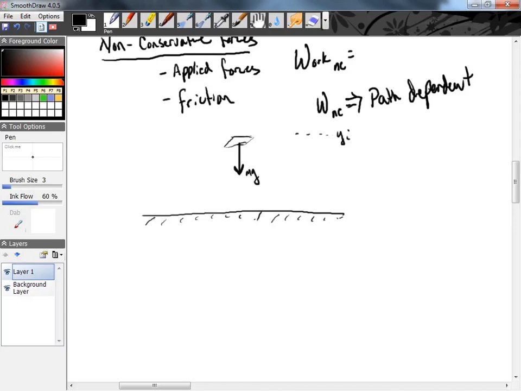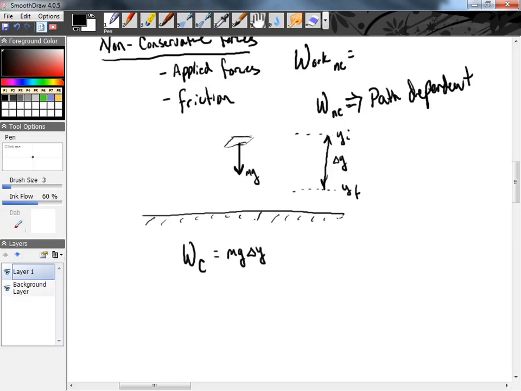And it falls to a point, we'll call it right here, before it hits the ground, y f. And so this distance right here is delta y. And so the work done by this conservative force is equal to mass times gravity times delta y.